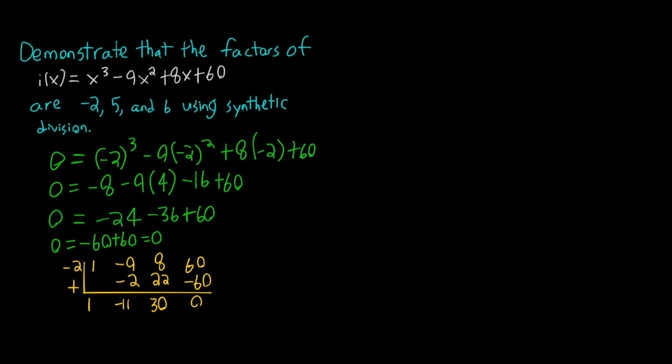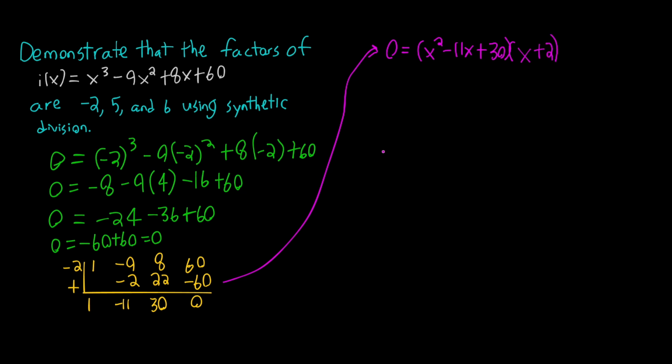And 60 minus 60 is 0. So what we find from there is that 0 is equal to (x squared minus 11x plus 30)(x plus 2).